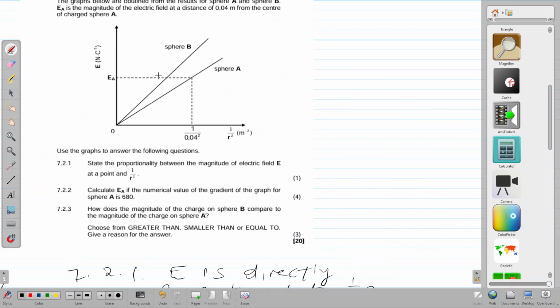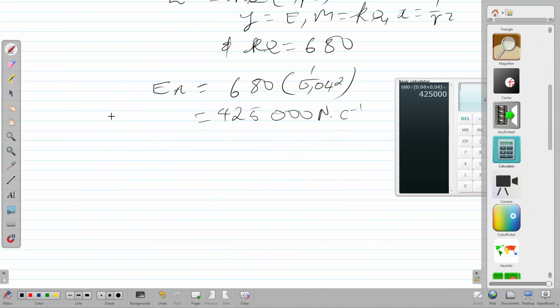So the gradient of the graph of electric field versus distance for sphere A is kqA, and the gradient here is kqB. So that's how we're going to answer this question, by noting that the gradient of this graph is bigger than the gradient of this graph here. So that means qB is bigger than qA, since k is a positive number.